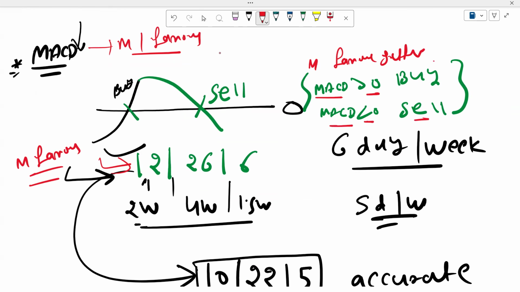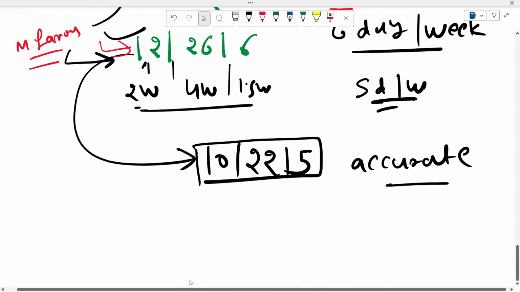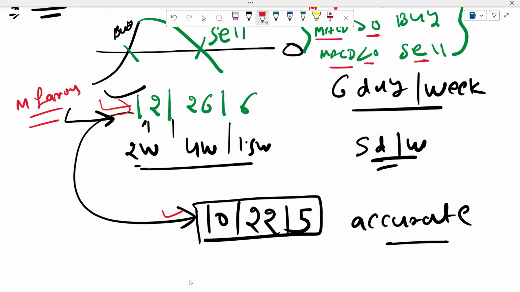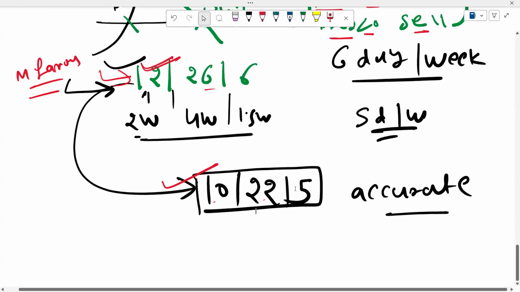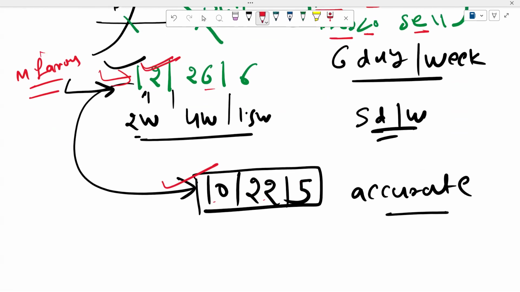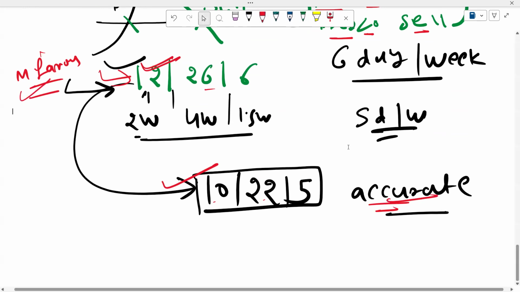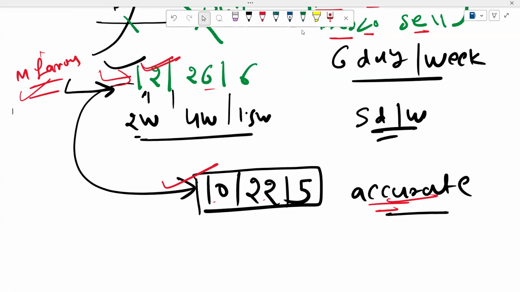The most famous strategy. Now if I ask you, will you use 12, 26, 6 or 10, 22, 5? One is the most famous and the other is the accurate one. So will you go for the accuracy or the most famous one? Accuracy.